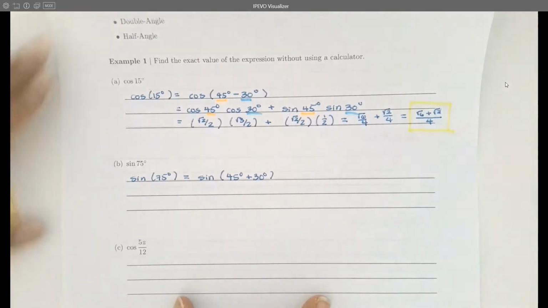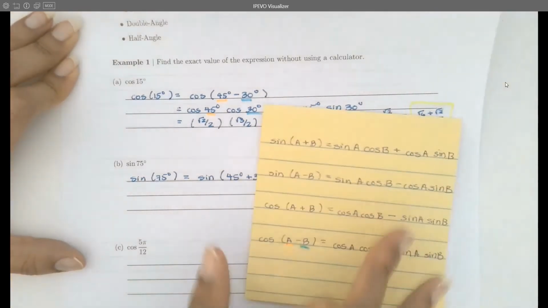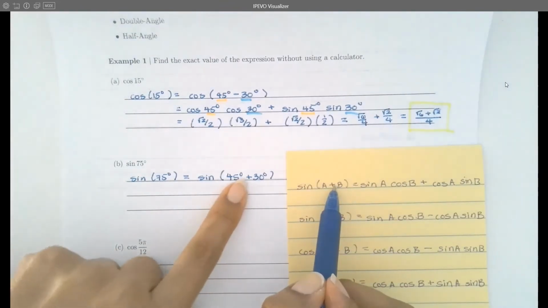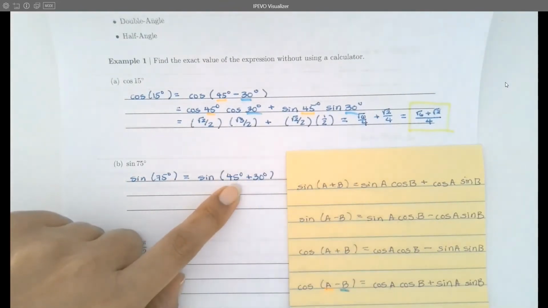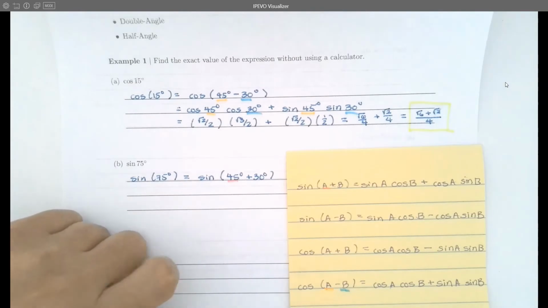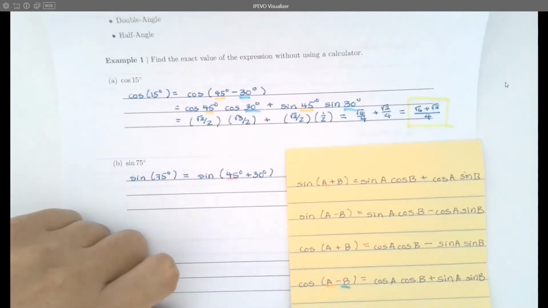So now if we look at the formula for sine, specifically the one that has plus, because that's the one that aligns with the form we have here, we get that A is going to be the 45 degrees, and B is going to be the 30 degrees.